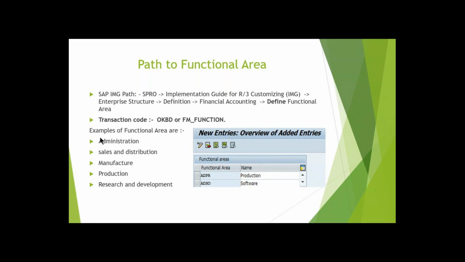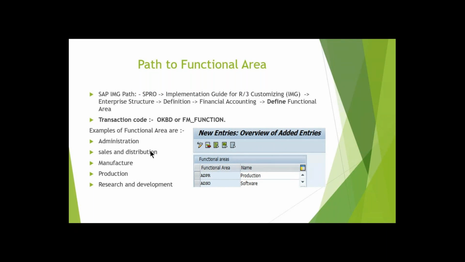If I want to do the sales and distribution, I do it under sales and distribution. So in Karnataka, my business has these different types of functions: administration, sales and distribution, manufacture, production, research and development. So I will be creating different areas. I have not assigned even this yet.